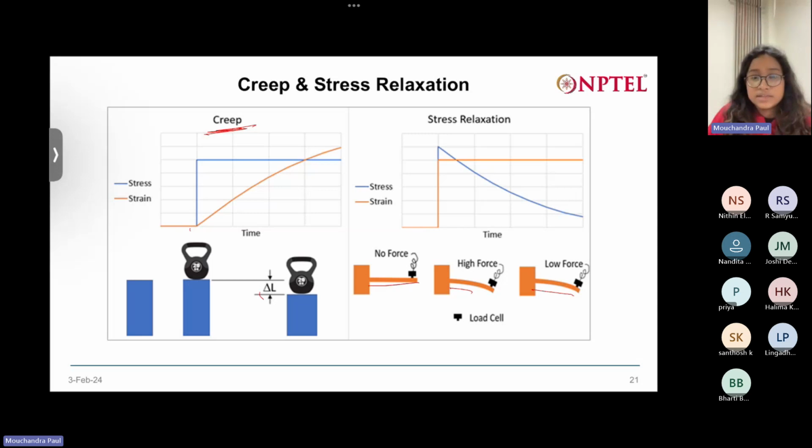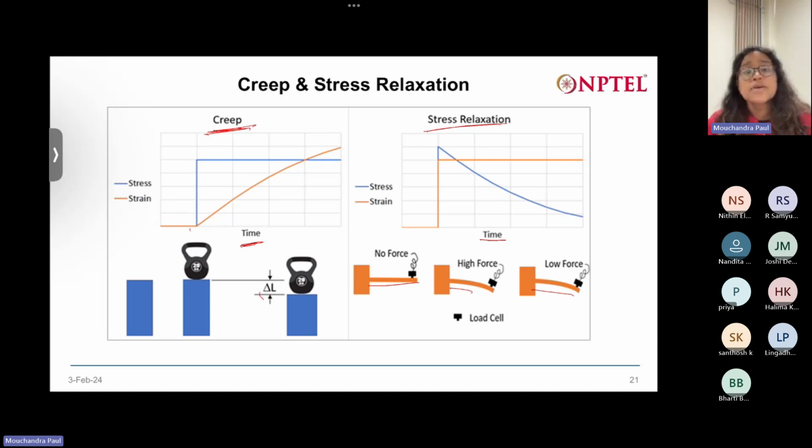Note that stress relaxation and creep are both time dependent phenomena, which is why the x-axis is time.